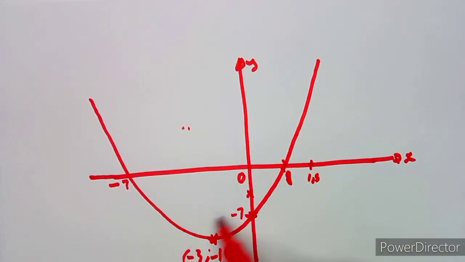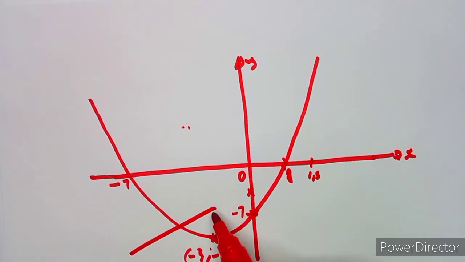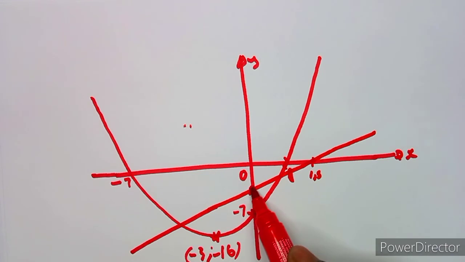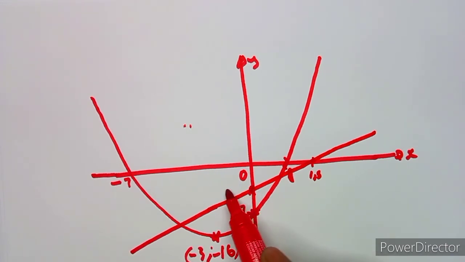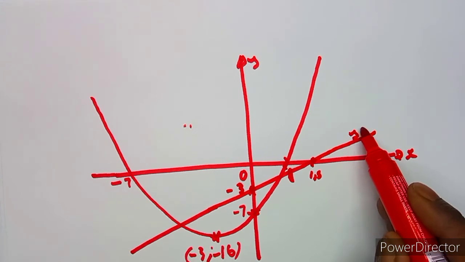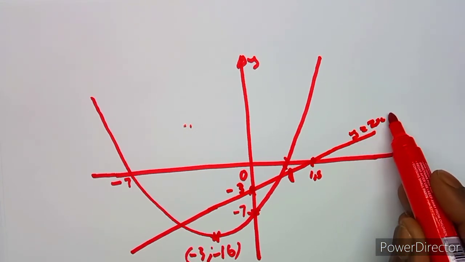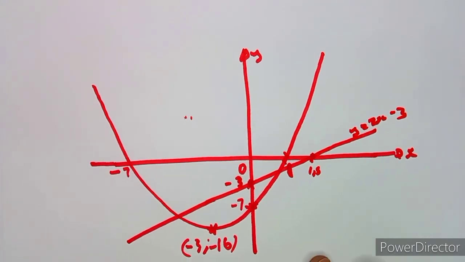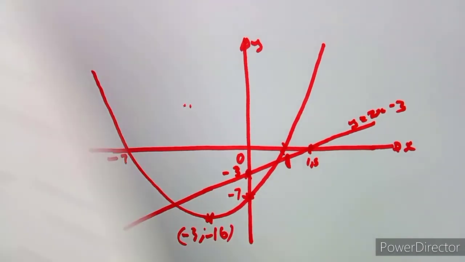Then you join. So make sure that you just join your points properly. This one is at a point when x is 0, we said y is minus 3, and here is 1,5. So this is the line of y is equal to 2x minus 3. So that is what you are supposed to have on your graph. So make sure that you put it nicely on your graph.